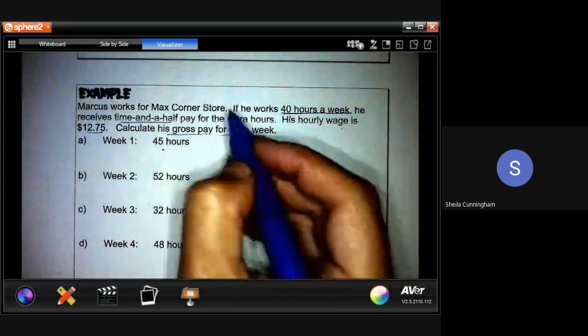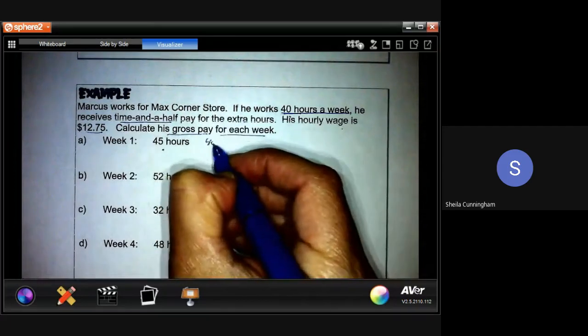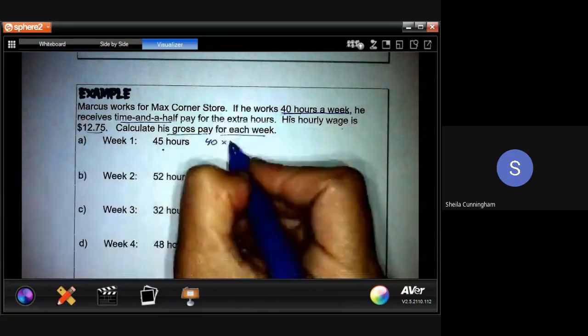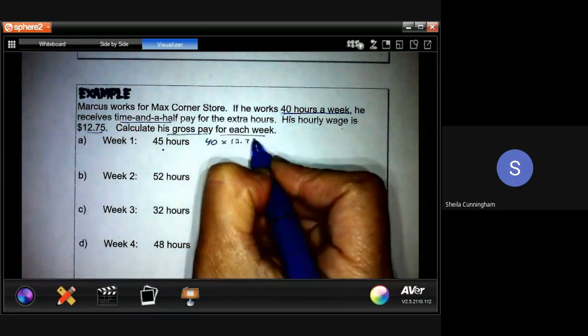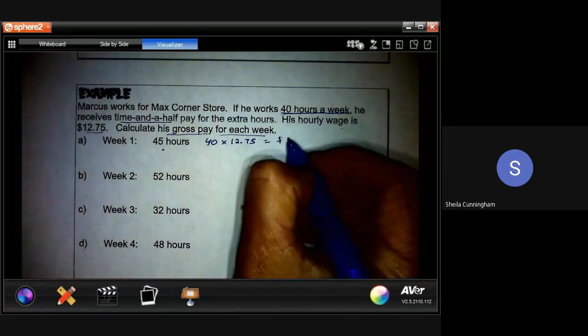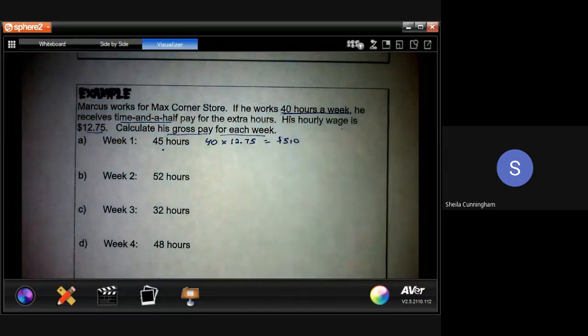To figure out the gross pay, we know for the first 40 hours he is making $12.75 an hour. So 40 times $12.75 looks like $510. If he worked only a 40-hour week, that's all he would make.